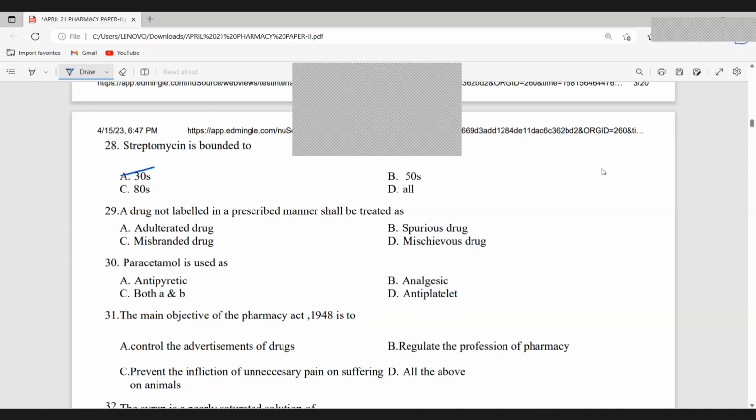Once again, I am repeating. Streptomycin will bind to 16S rRNA of 30S ribosomal subunit irreversibly. Look here, not reversibly, irreversibly, and interferes with binding of formyl methionine tRNA to 30S subunit.